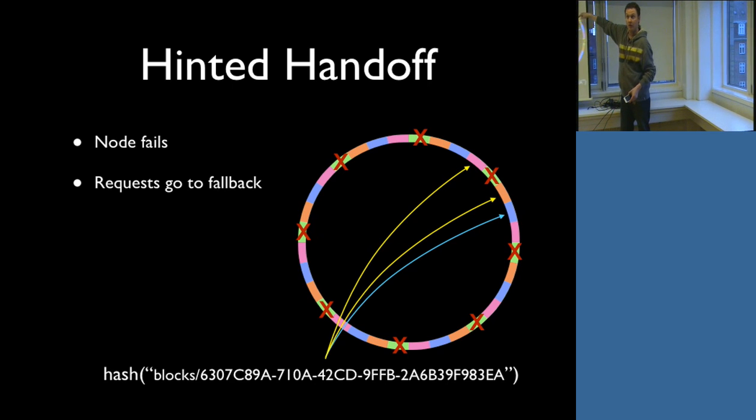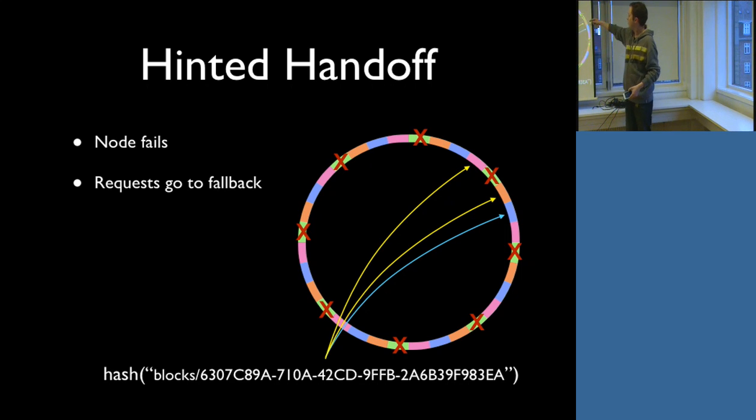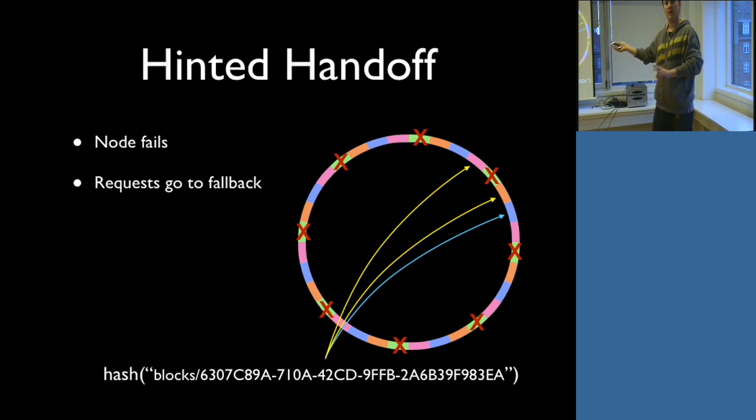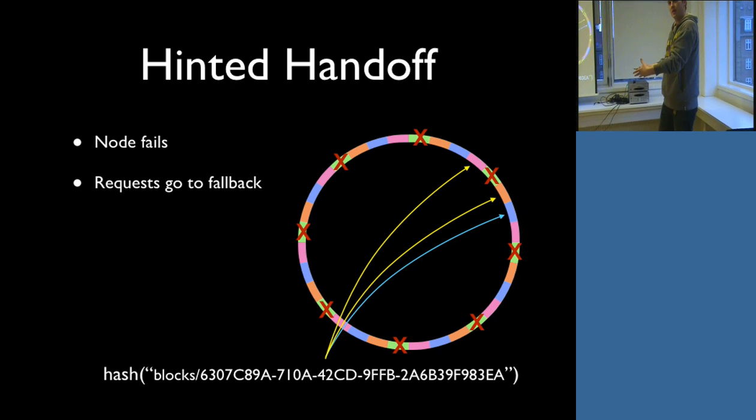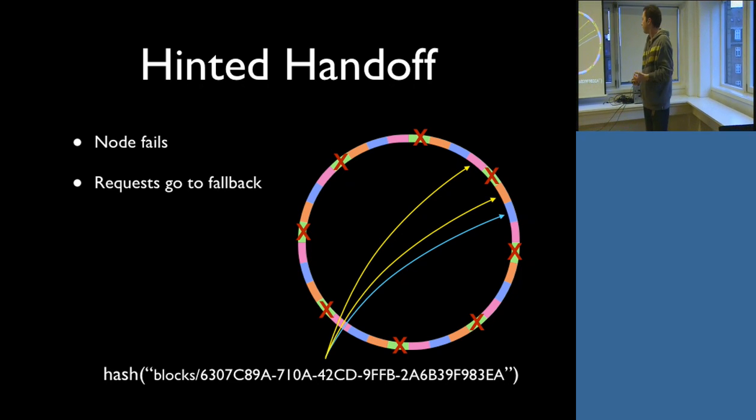But this one's down. Very simple, no problem. We just skip over it and pick the next one on the ring. Normally the data wouldn't live here, but any of these nodes can take requests for any of the other ones. So they sort of compensate for each other when things go down.